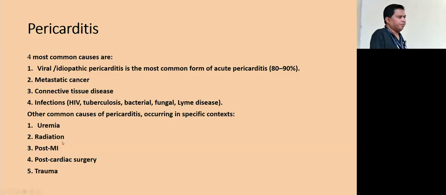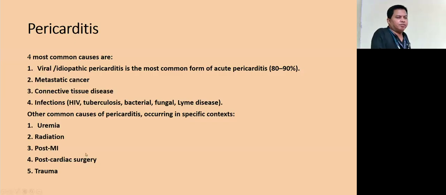Radiation is now not that common, because with the new technologies they try to avoid radiation to the heart, preventing this complication. But especially when radiation is given for Hodgkin's lymphoma, after many years people can have radiation-associated pericarditis.